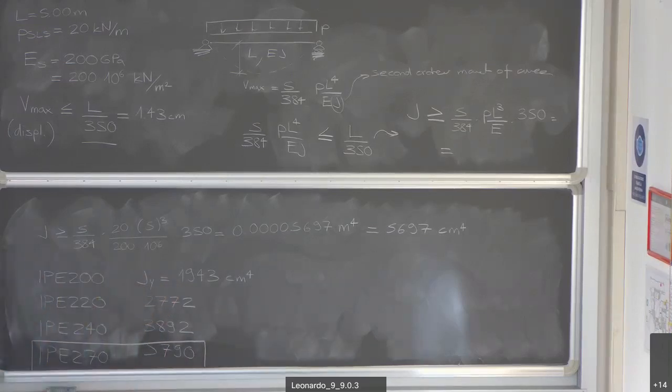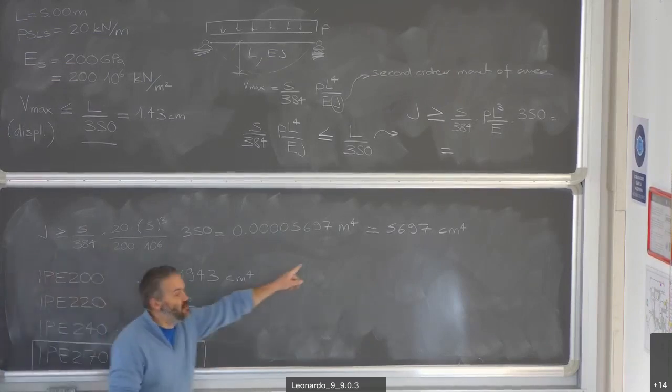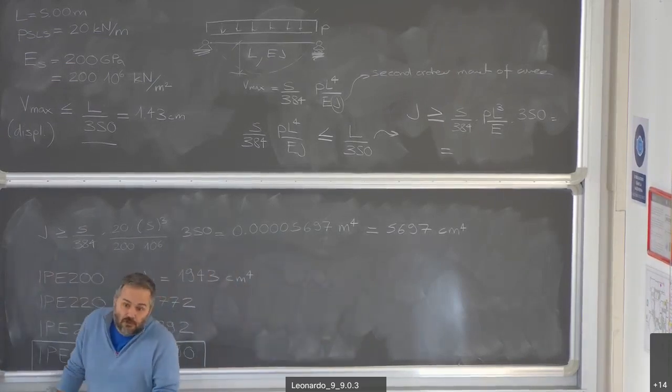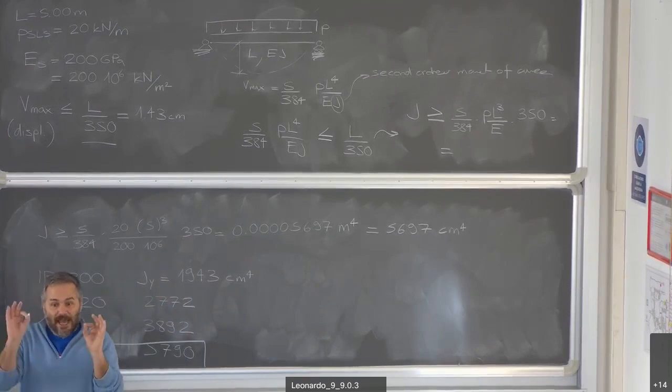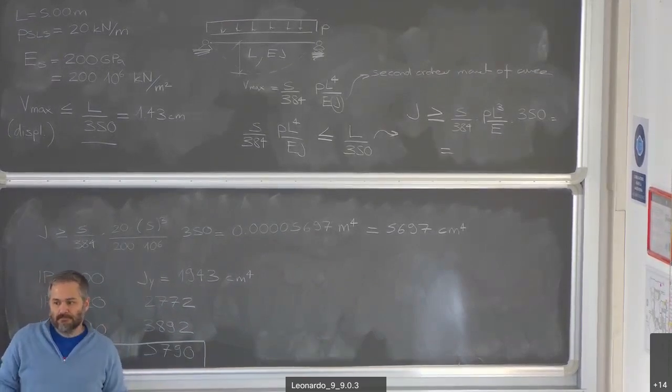I don't need to go any larger because this is sufficient. And note that 5790 is larger than this one with some margin, which is good. I'm not exactly at the limit, I'm a little bit lower. And that's okay. For design purposes, such an approach is okay. Got it?